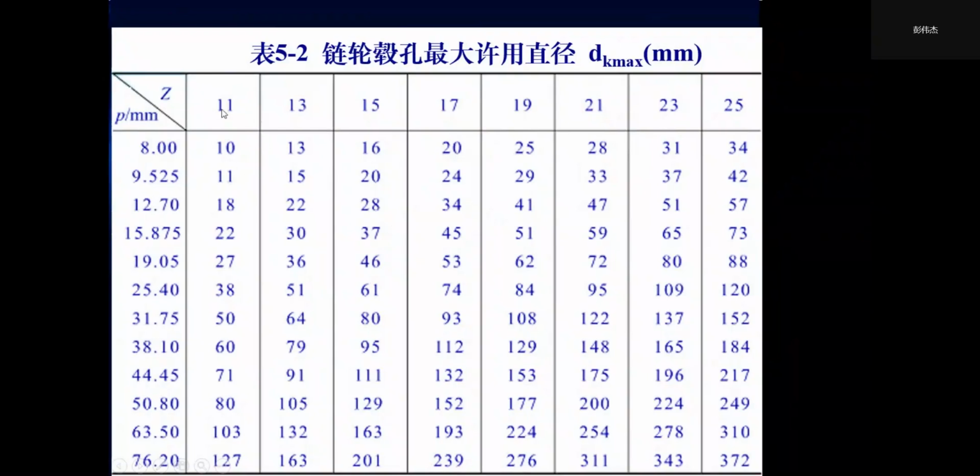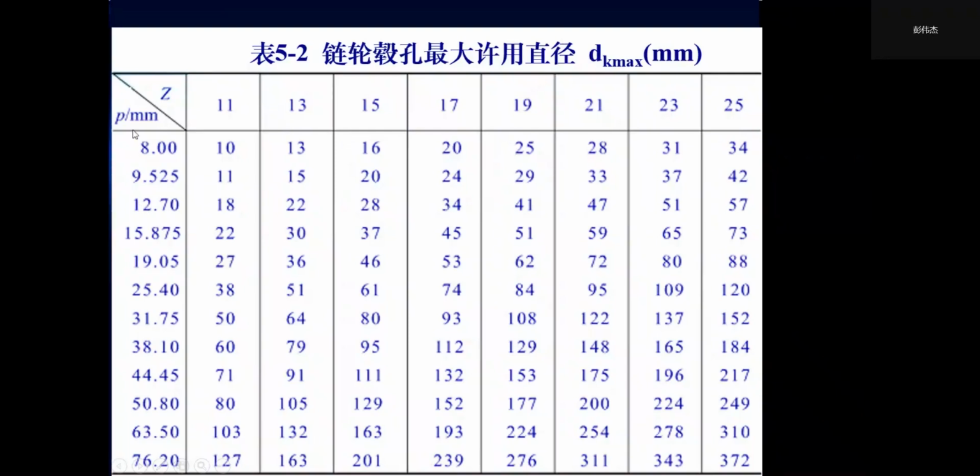Then if we look up Z, the number of sprocket teeth, we can obtain the maximum hole diameter for the sprocket.